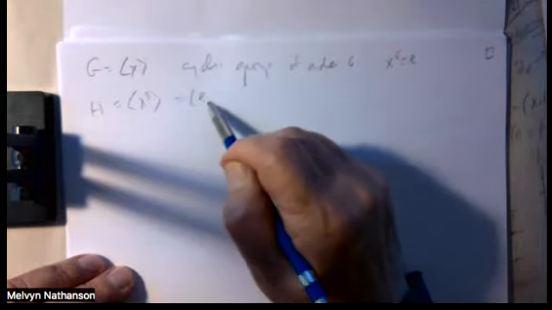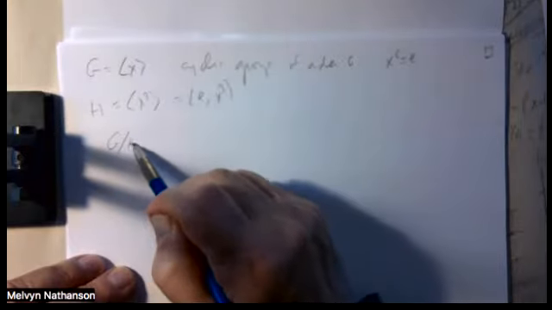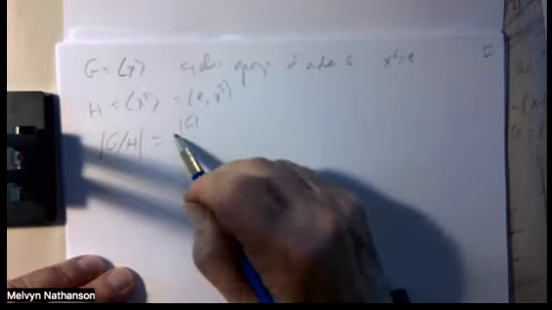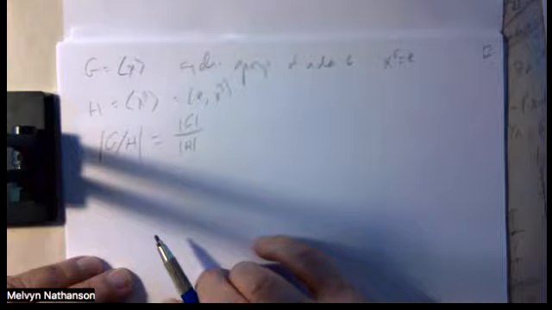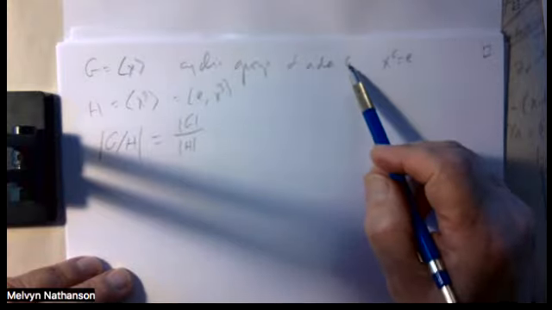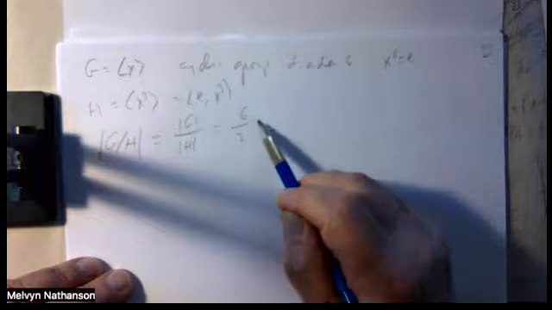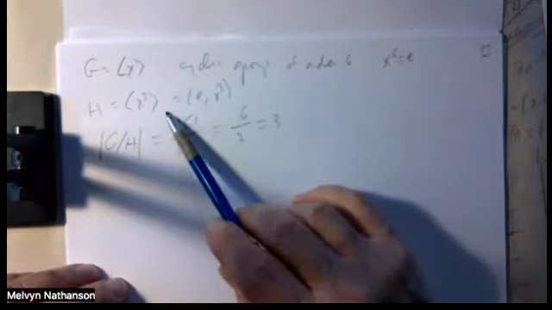So this consists of the identity and x cubed. So if I look at the quotient group G mod H, the number of elements in this, again, is the order of G divided by the order of H by Lagrange's theorem. G has 6 elements. H has 2 elements. 6 over 2 is 3. So the quotient group will have 3 elements in it.